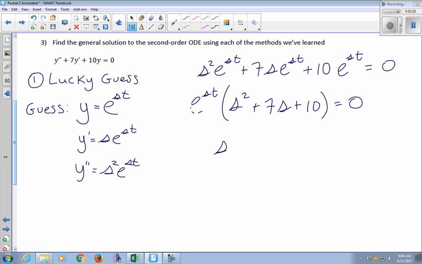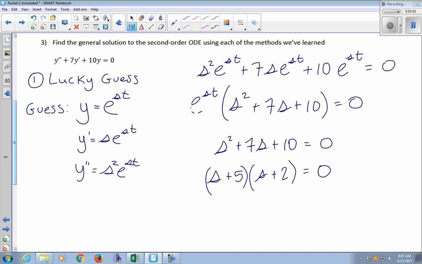So the next line is s² + 7s + 10 = 0, and that factors to (s + 5)(s + 2). So there are two values of s here that will make my guess a real solution. So I have s = -5 and s = -2.